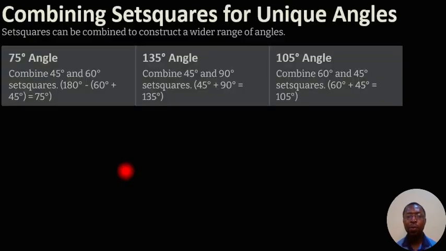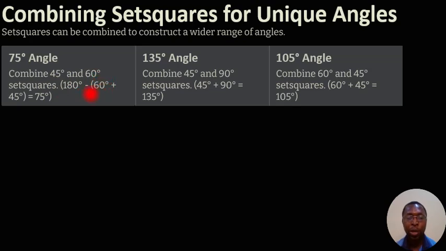Right. Now let's go on to particularizing how to combine set squares to obtain some unique angles. For example, now you want to obtain angle 75 degrees. All you need to do is to combine angle 45 degrees and angle 60 degrees, okay?